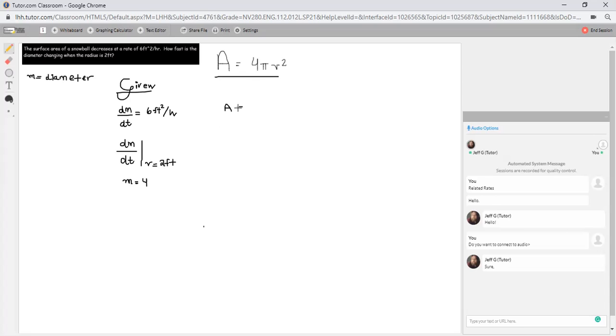So I have A equals 4 pi r squared, and if I take the derivative of both sides, pi is a constant, so I have dA over dt equal to 4 pi multiplied by 2r multiplied by dr over dt.